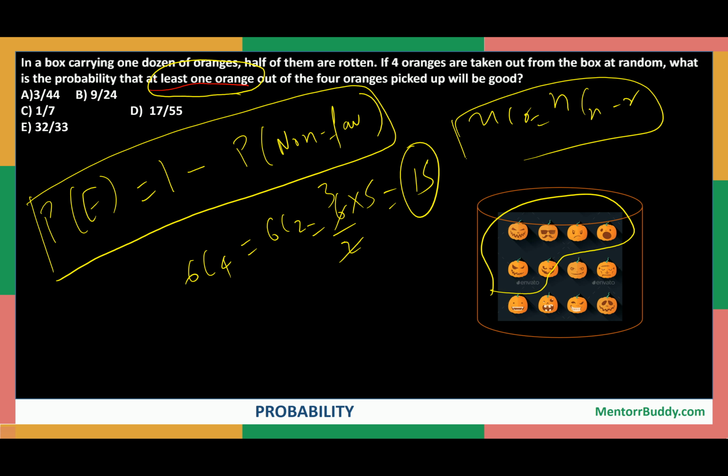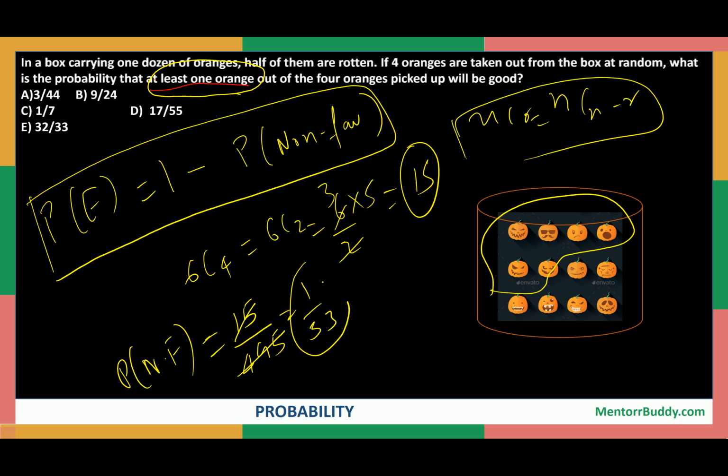What will be the probability of this non-favorable event? The non-favorable events are 15, and the total events we have already calculated is 495. So it will become 1 by 33. The probability of the non-favorable event is 1 by 33.